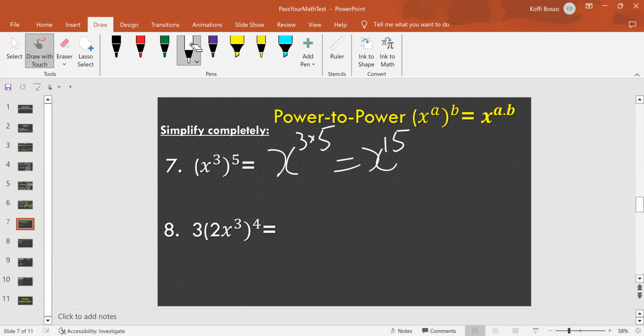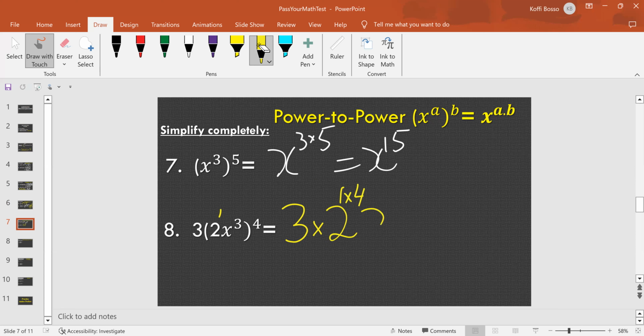So, but that 2 inside has what? 1 as a power. So it's like you have a 2 raised to 1 power. Any number you have or any variable you see, if you don't see a power, know that there is an invisible 1. So you're going to multiply that 1 by 4. Okay, so 1 times 4.